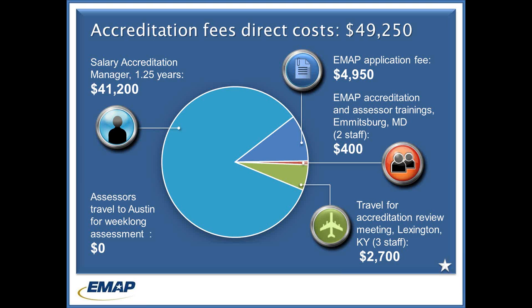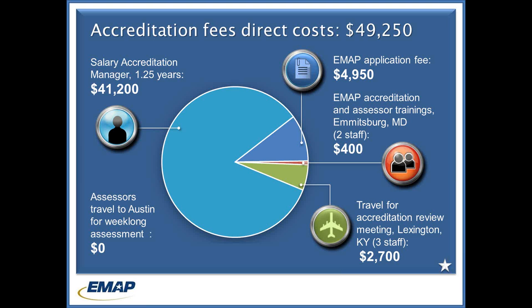However, the largest amount of that cost was in a salary, at $41,200 for a salary for our accreditation manager for about 16 months. Now, if you're designating someone within your own organization, you won't have that cost. But we needed to be able to do that to make our process work.